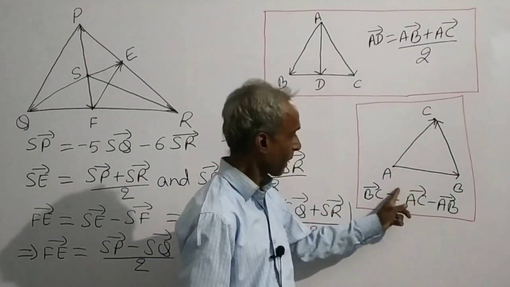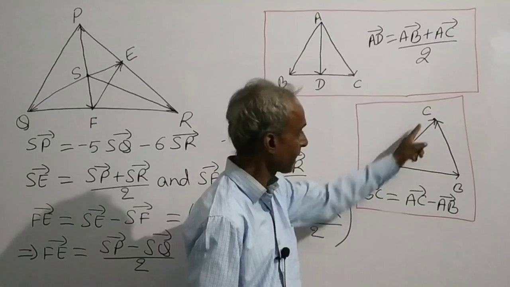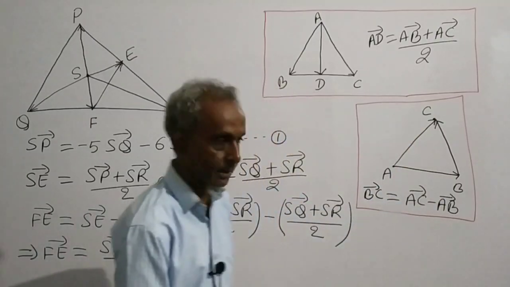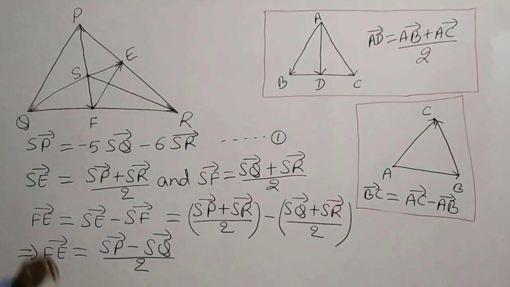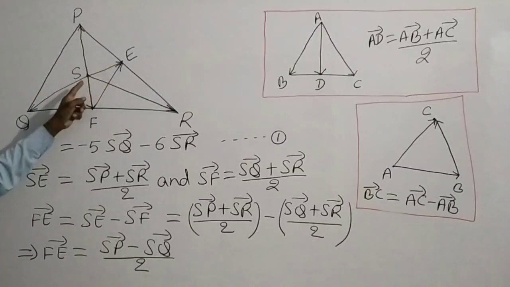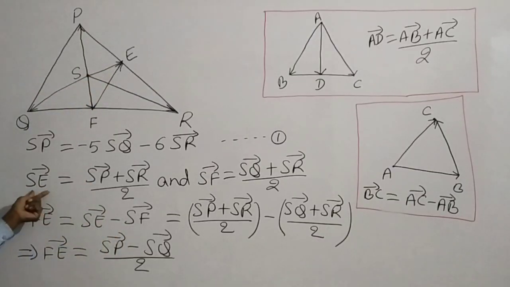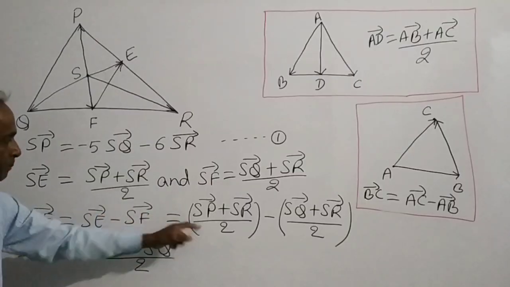This is the formula: vector BC is equal to vector AC minus vector AB. Using this formula, we can write vector FE is equal to vector SE minus vector SF. In place of SE, we write this.